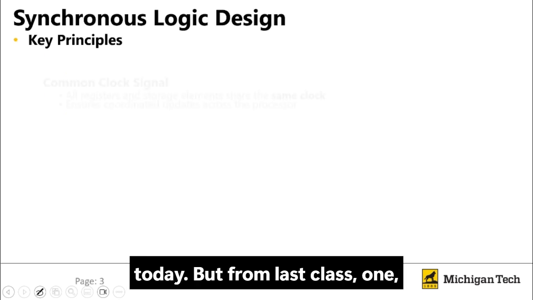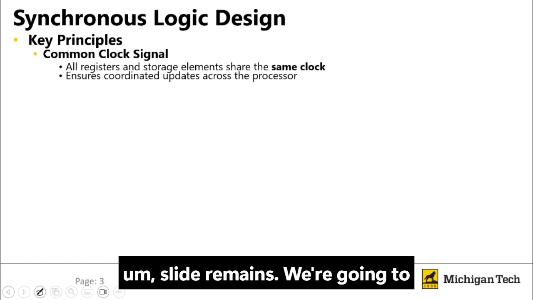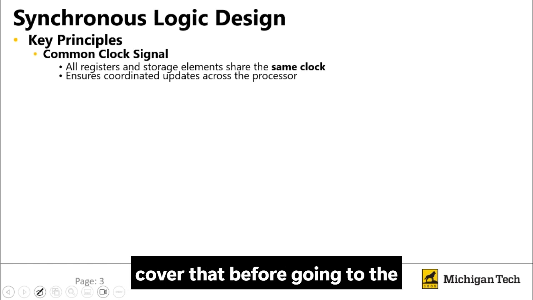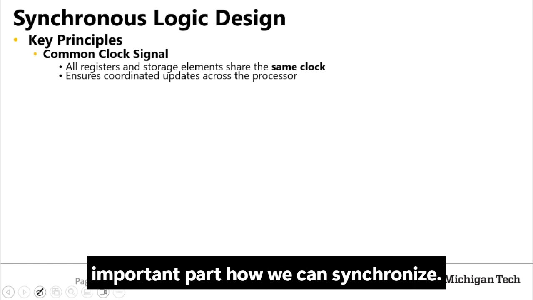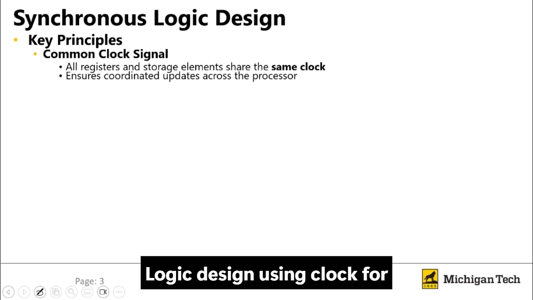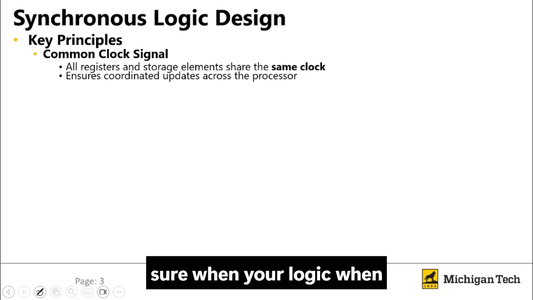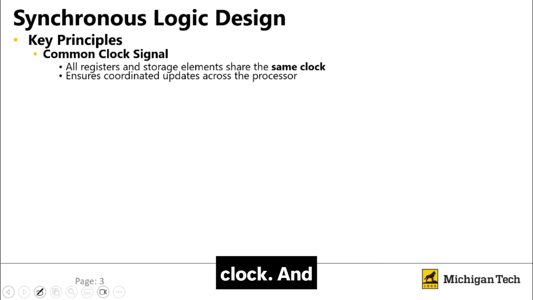But from last class, one slide remains. We're going to cover that before going to the controller. And that is a very important part: how we can synchronize logic design using a clock. When your circuit is a sequential circuit, you need to have a clock.